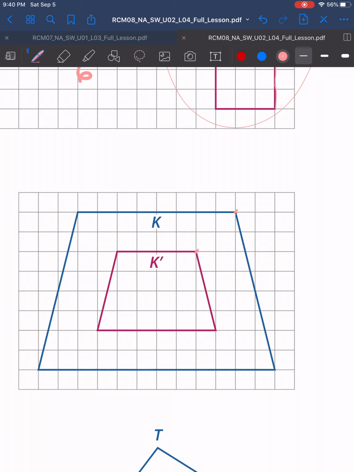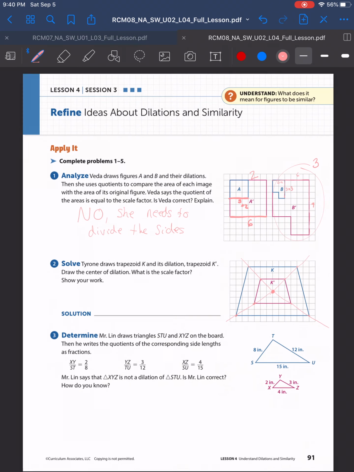So let's go ahead and try. It's hard without a straight edge, guys. And then it should go through here as well, and here as well, and here as well. So I'd say my center of dilation is that point right there where everybody crosses.